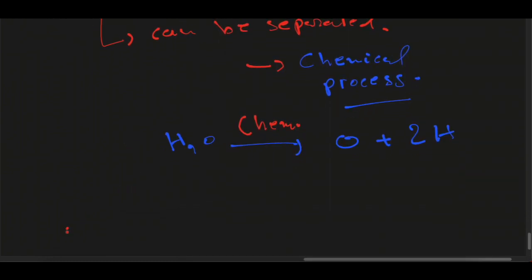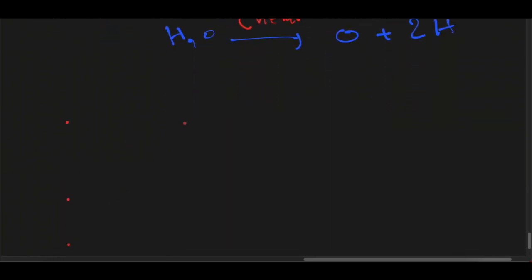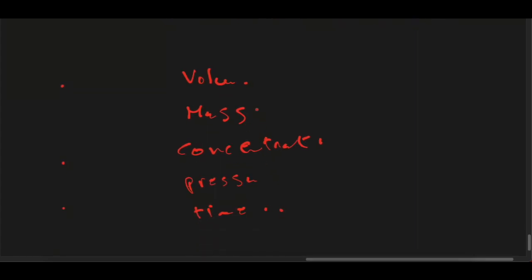For example, in a chemical laboratory, generally we deal with quantities like volume, mass, concentration, pressure, time, temperature, and so forth. So all these measured quantities must be written using appropriate units.